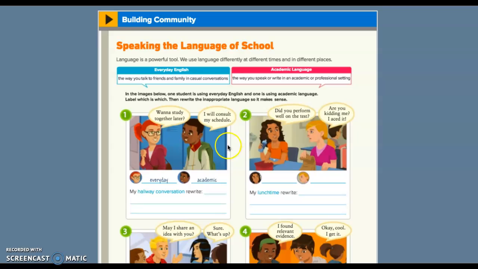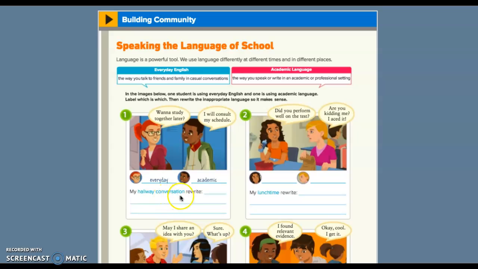That's a little more official, more professional or academic than the friend who's speaking like, "Hey, you want to come over and hang out? We'll study our science words so that we can pass the science quiz." So they marked everyday under her and academic under him.